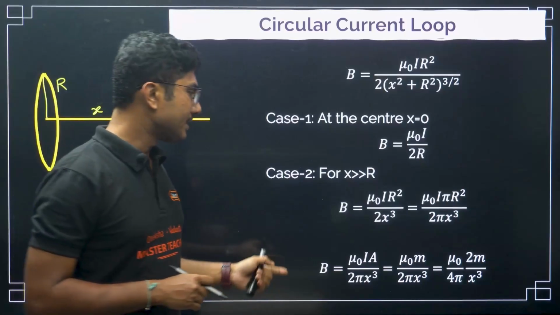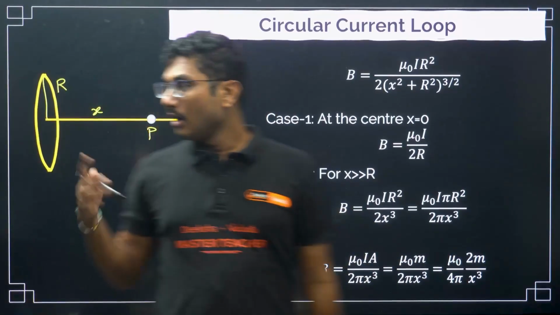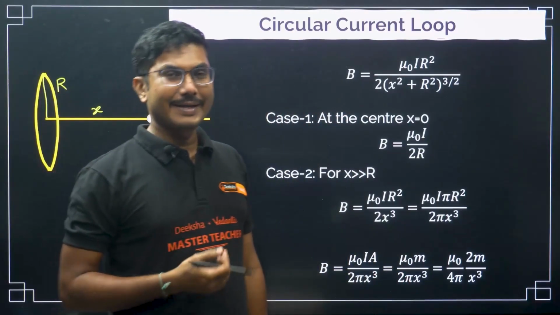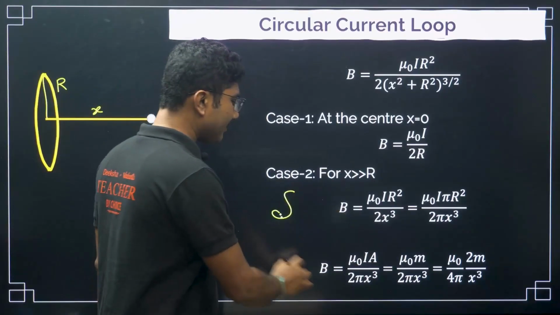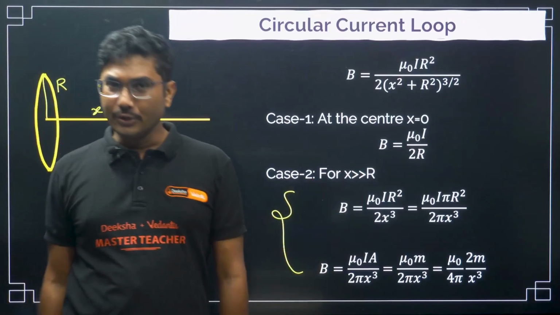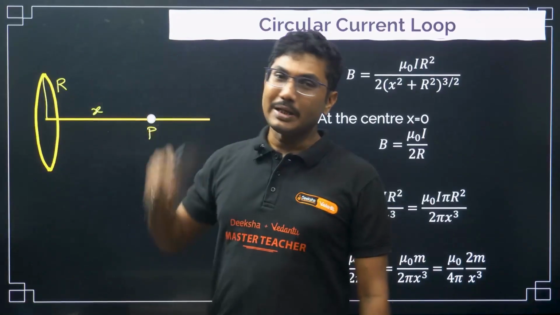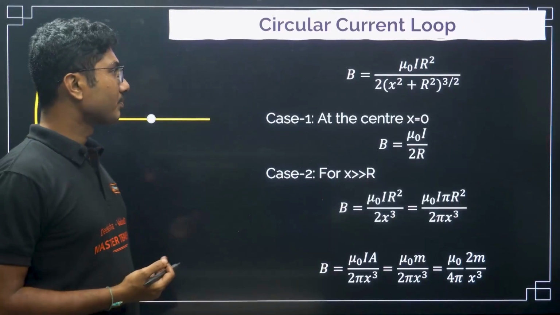So this represents a dipole, and that is a proof that a current carrying loop can behave as a magnetic dipole. Now this derivation is not super important, I just gave this theory for perspective, to understand that a current carrying loop can be considered to be a magnetic dipole.